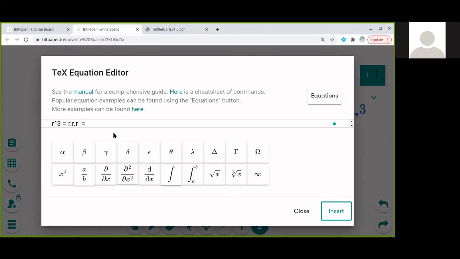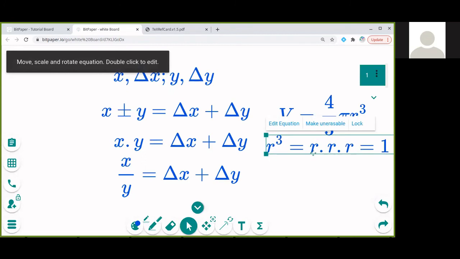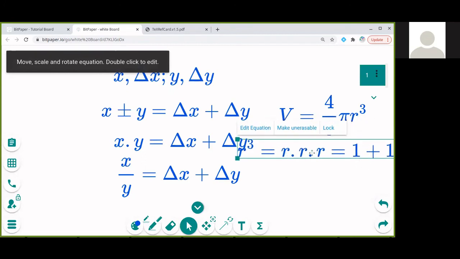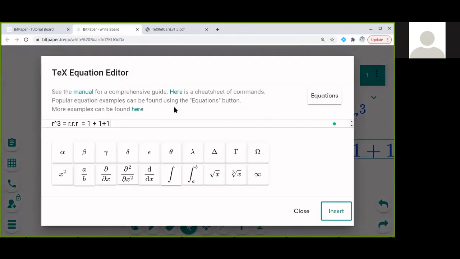Therefore, the uncertainty should be 1% plus 1% plus 1%. The uncertainty in volume is 3%.